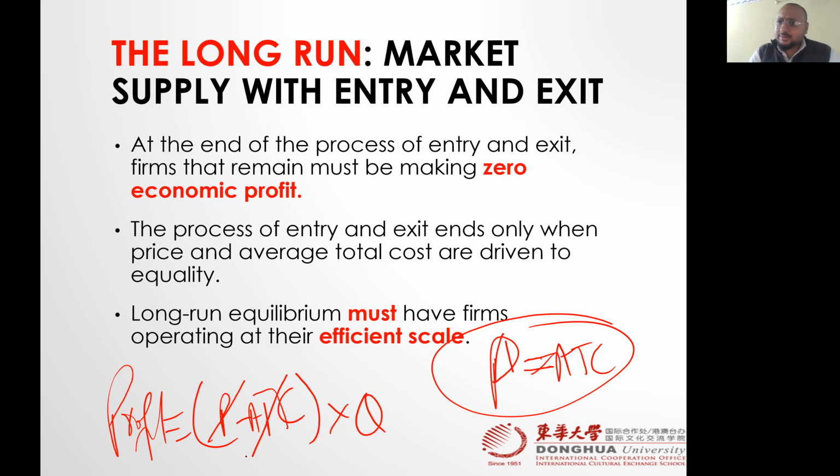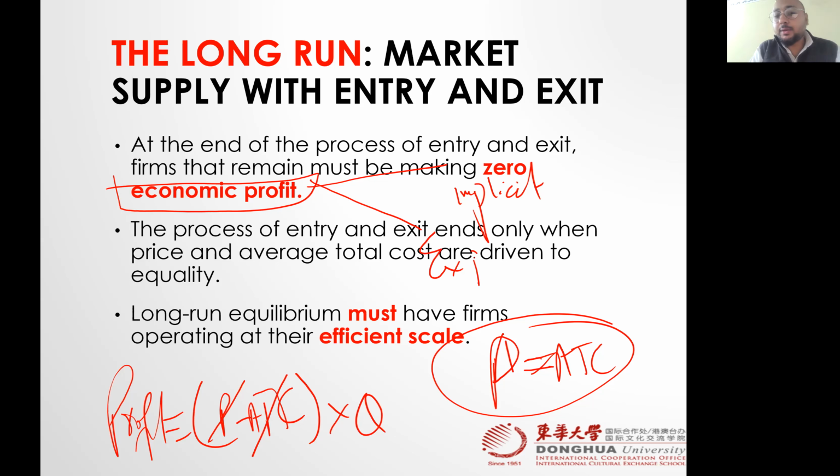So does that mean nobody's earning something? Remember, we're talking about economic profit. And economic profit includes both implicit and explicit costs. So it means there's going to be accounting profit there.